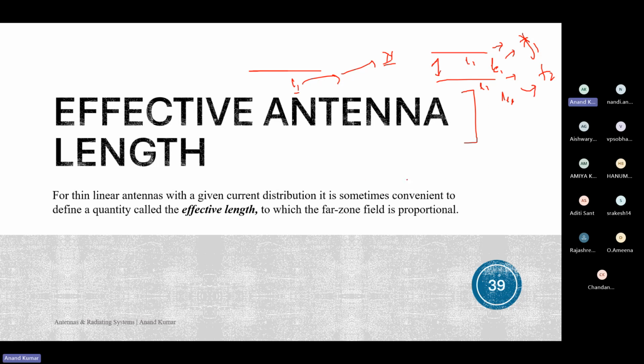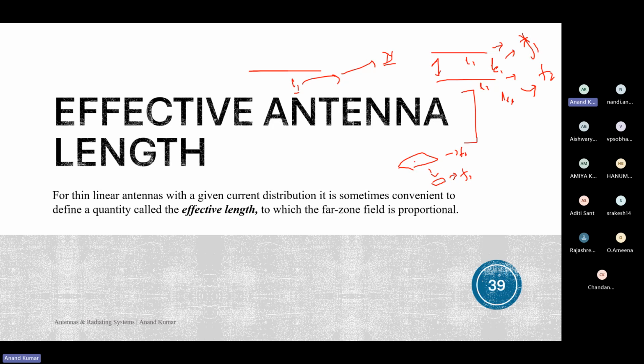Everybody from an antenna engineering background might have seen papers claiming that they have reduced the antenna size and they're still achieving the same frequency.